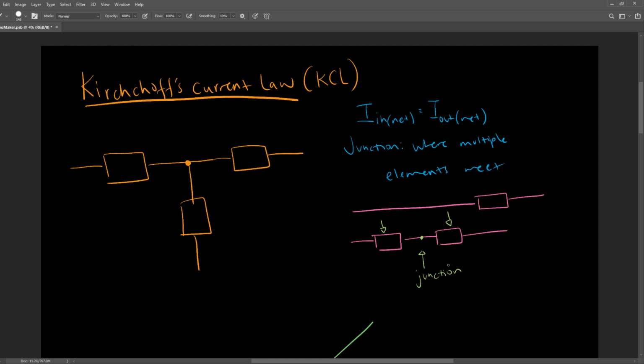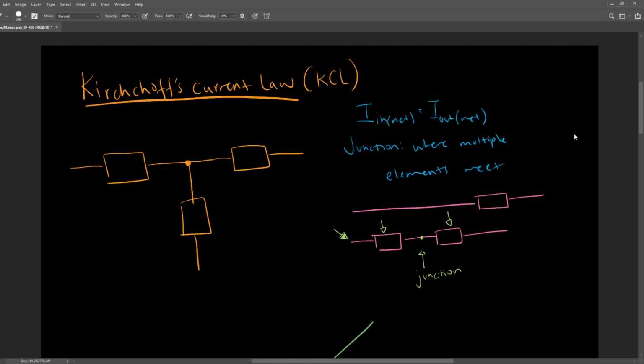Okay, so let's just look at this example for a little bit longer. If we did have something like this inside our circuit, well, what's the point of all this?